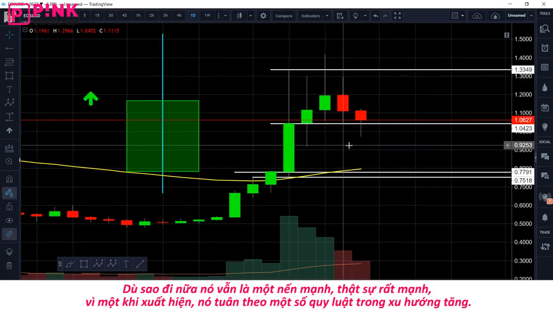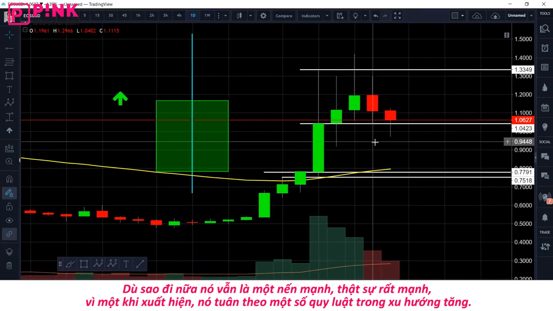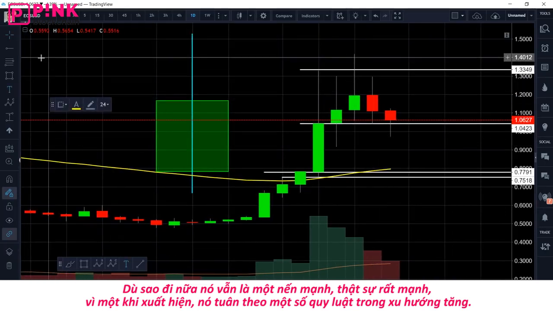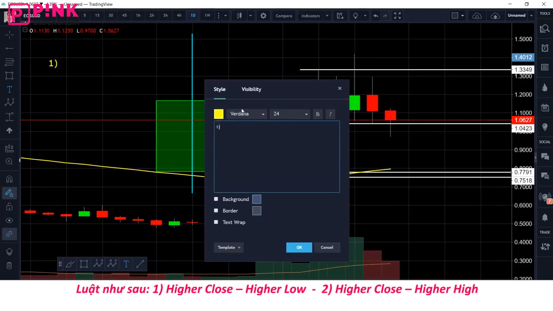Now, is it still a strong candle? Yeah, it's actually still a very strong candle because we follow this rule right here for it to still be considered an uptrend. One, it has a higher low, and two, a higher close, and higher high. Yeah, we'll write that, okay?